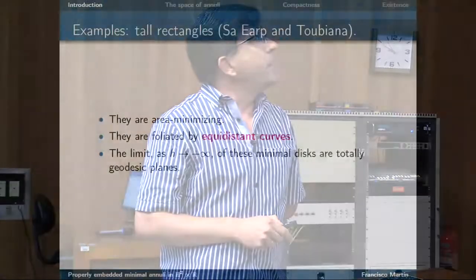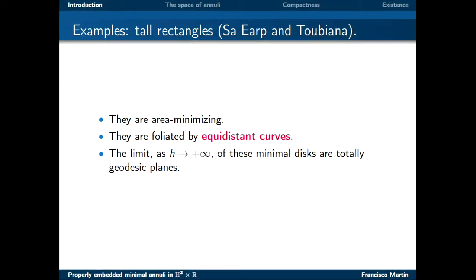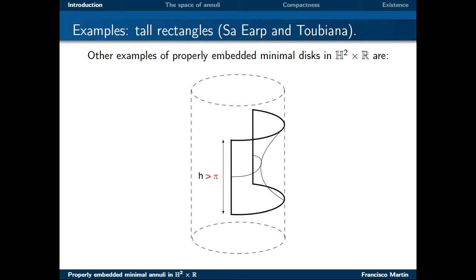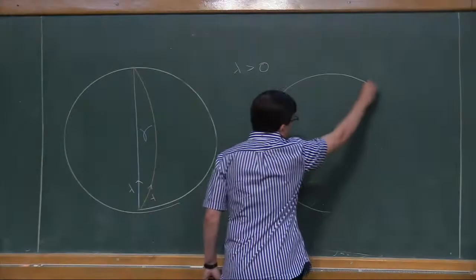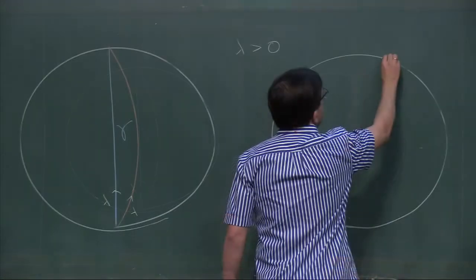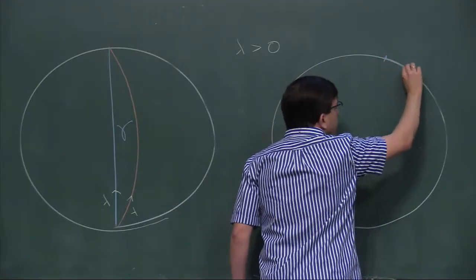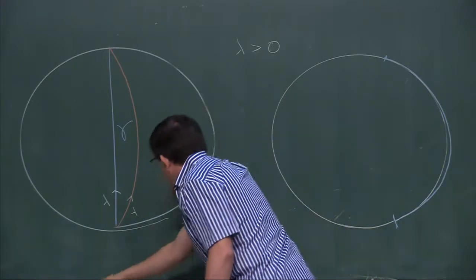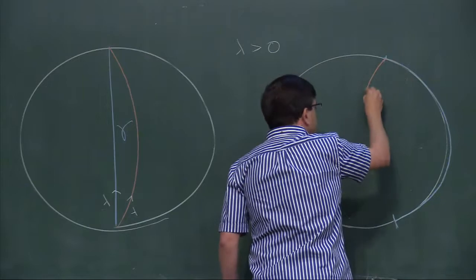It's foliated by equidistant curves. What is the meaning of that? That means that, well, if you see this picture from above, the piece of the arc of circumference is something like that. So there is a unique geodesic joining these two points.